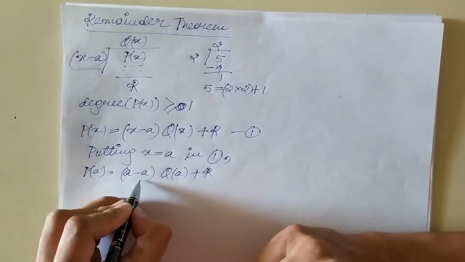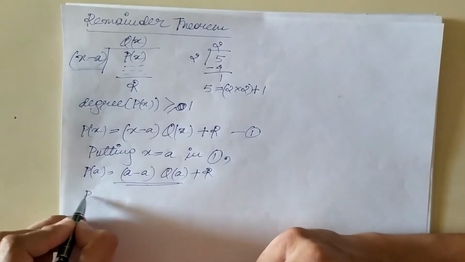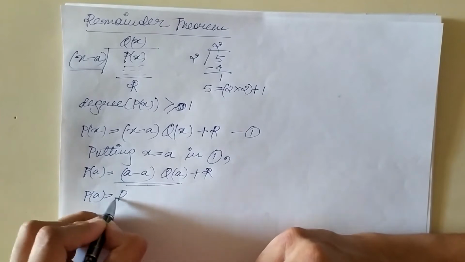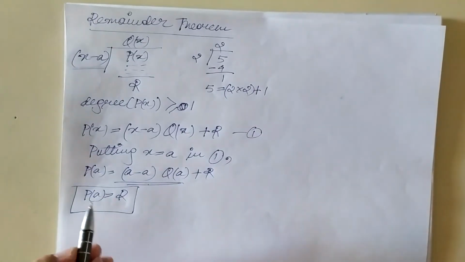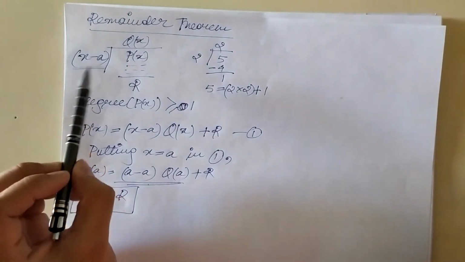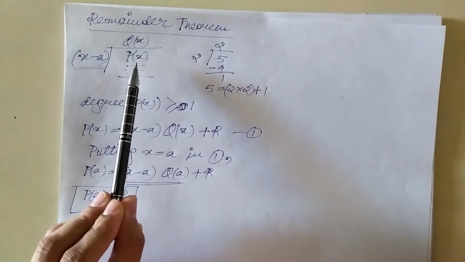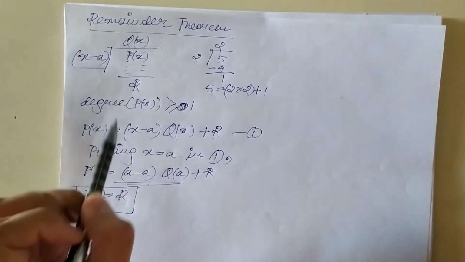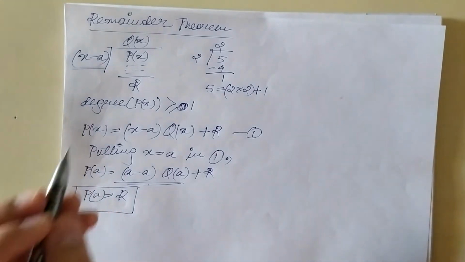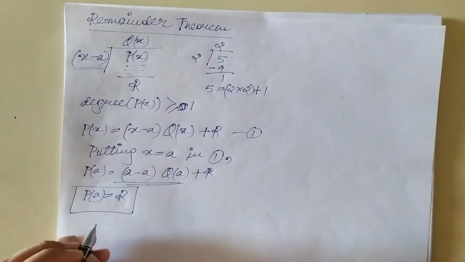Now as you can see, a minus a is 0, so this whole term becomes 0. So p(a) is equal to r. This is nothing but remainder theorem. It states that if any polynomial of degree greater than or equal to 1 is divided by x minus a, then to find the remainder you just need to put the value a in place of x in p(x).